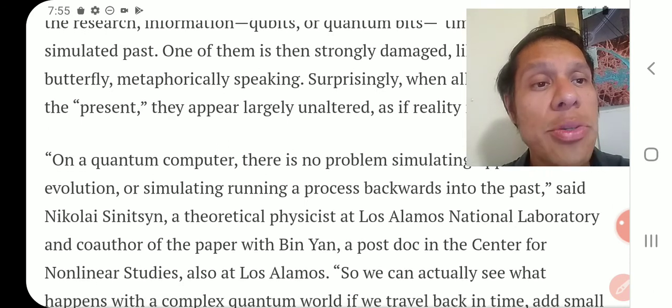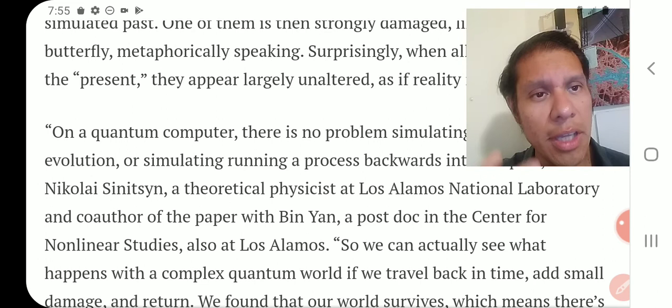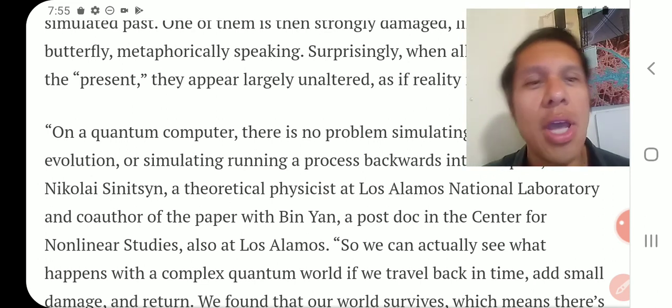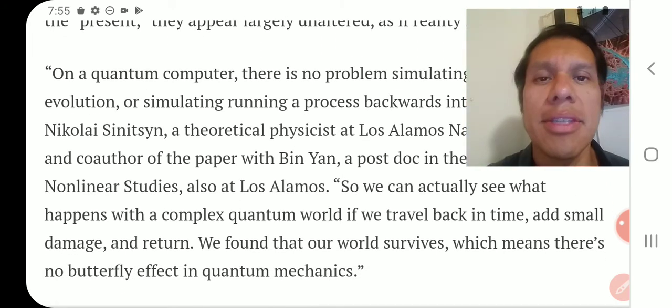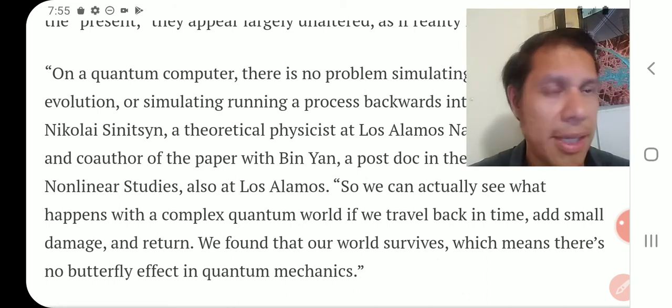"So we can actually see what happens with a complex quantum world if we travel back in time, add a small damage, and return. We found that our world survives, which means there is no butterfly effect in quantum mechanics." And of course, he's speaking metaphorically.